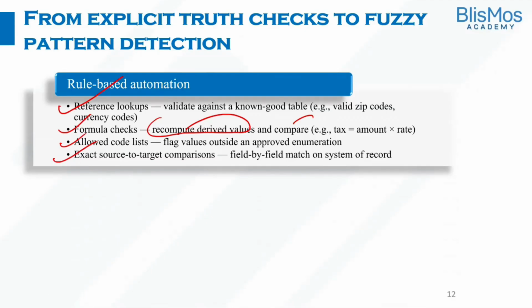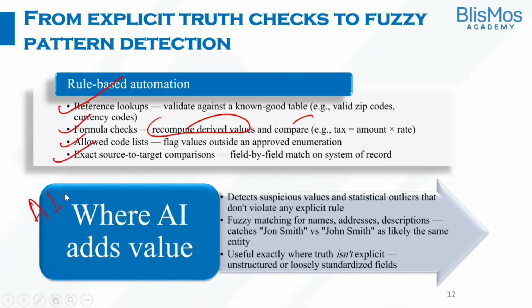This can be complemented by AI whenever the data becomes fuzzy or uncertain. For example, John Smith and Jon Smith may represent the same customer even though the strings are not identical.